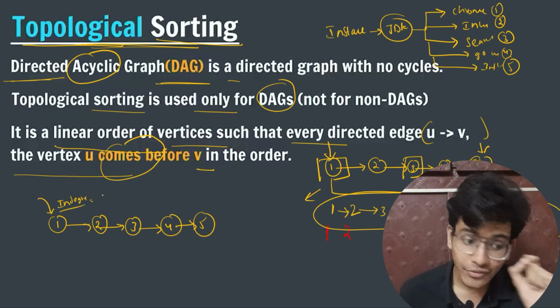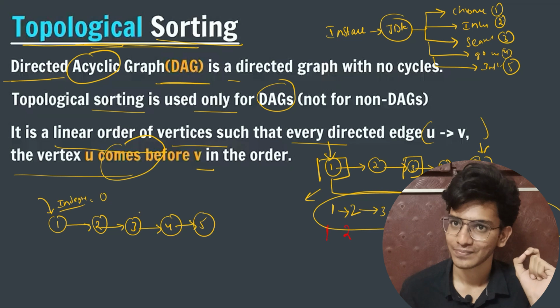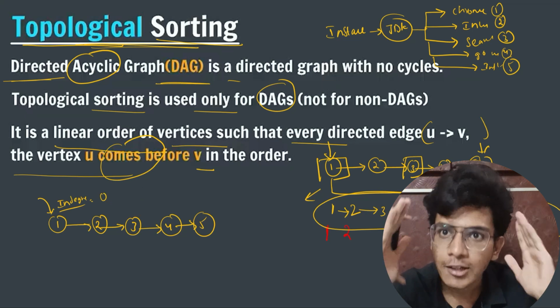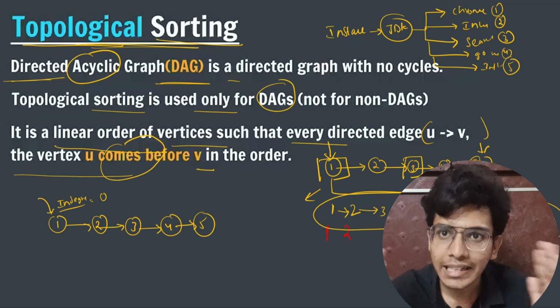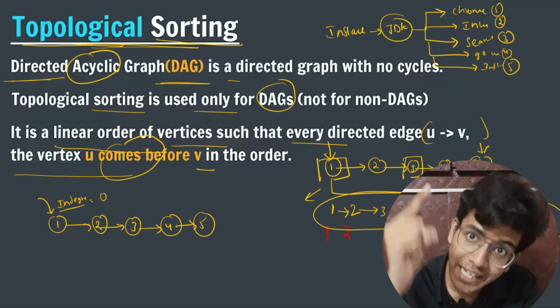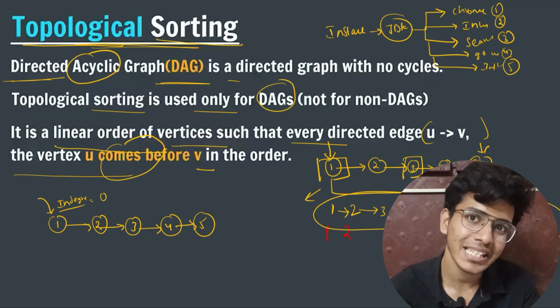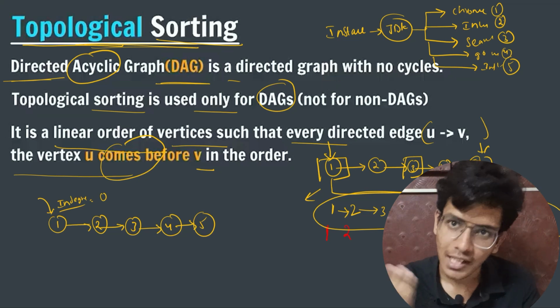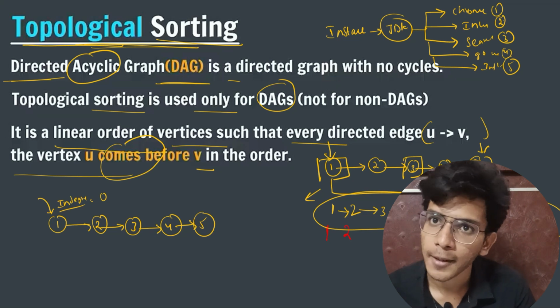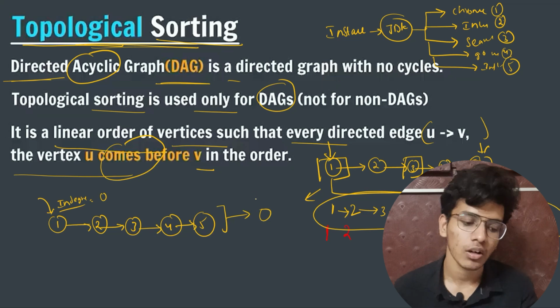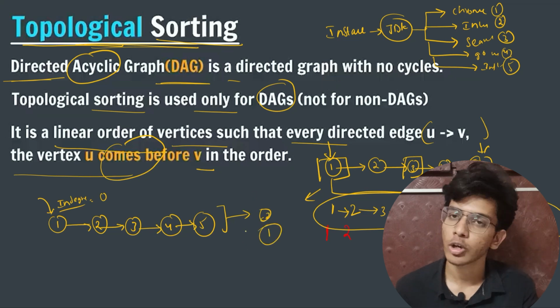The in degree of the first node is 0. So can I say that in a dependency graph, the nodes which have in degree 0 will get printed first. After that, the nodes which have some in degree will be printed next, and I will go on like this. So the first node which I should print is this node, because it has in degree 0.